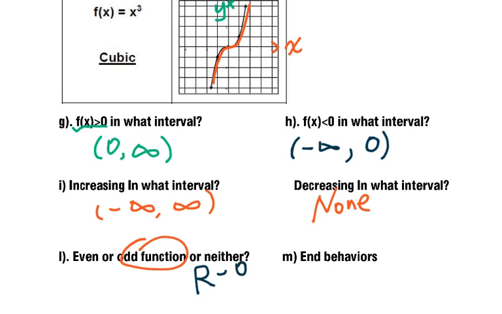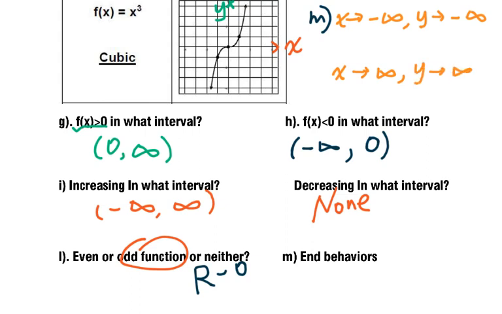The end behavior: we could see that when x goes to negative infinity, then y goes to negative infinity. When x goes to positive infinity, then y goes to positive infinity.